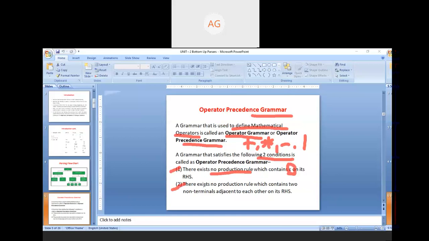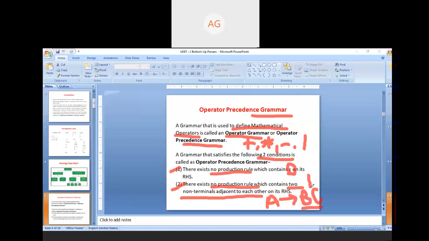The second rule is there exists no production rule which contains two non-terminals adjacent to each other on its right hand side. It means if you have a production like A produces BC, then this grammar is not operator precedence, because there are two non-terminals, B and C, which are adjacent to each other. Means they are close to each other.